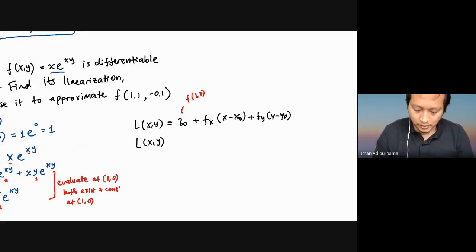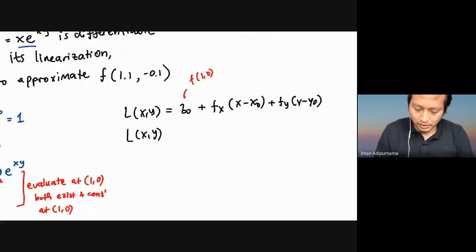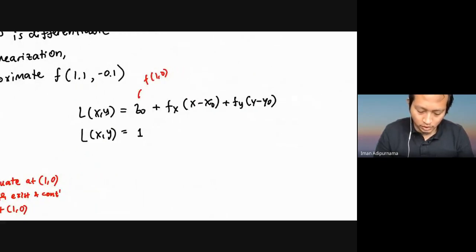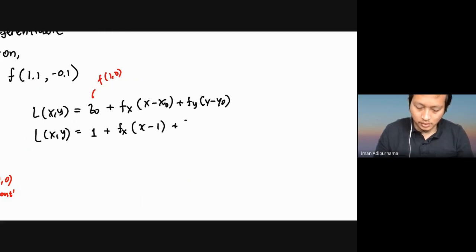We have that here, it's equal to 1, so we can write this 1 plus, let's just write fx first, times x minus 1, and then y minus 0.